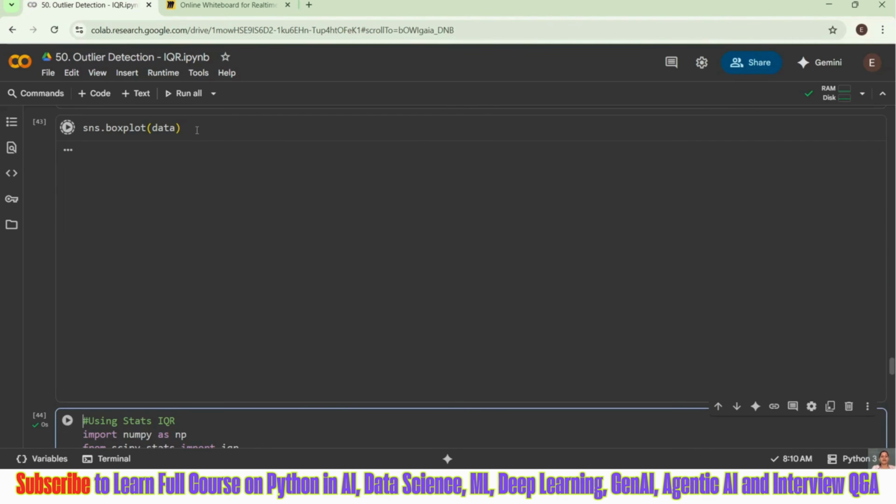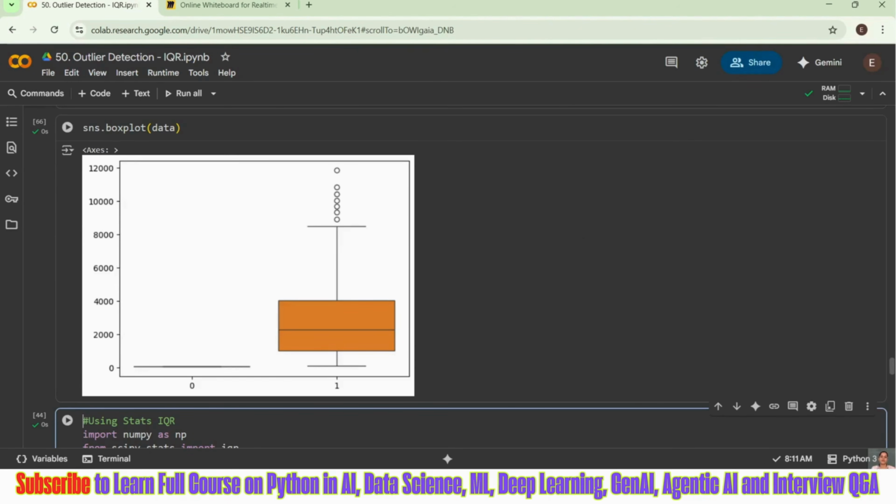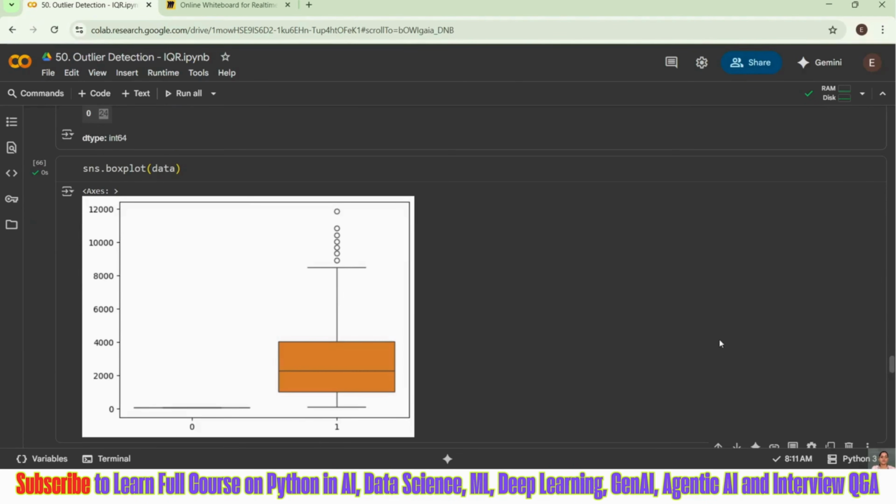And the same data I'm drawing here as a box plot. What I'm getting here, just see. 1, 2, 3, 4, 5, 6, 7. So only 7 values are outliers, which is almost equal to our Z-score method. However, when I'm doing the interquartile range method, I'm getting values from almost 6,000, and it is giving me that output.